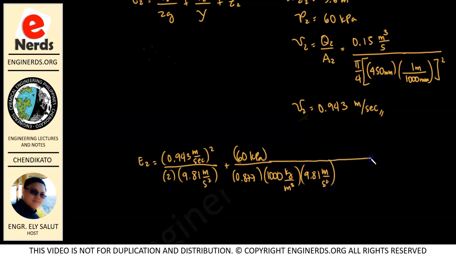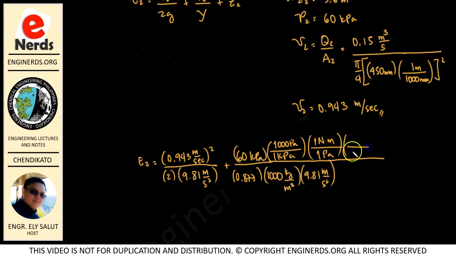Okay, so yung numerator natin tulad kanina, we need to express that in kilogram, meter, and seconds. So 1 kilopascal is equal to 1000 pascal. Then 1 pascal is equal to 1 newton per square meter.